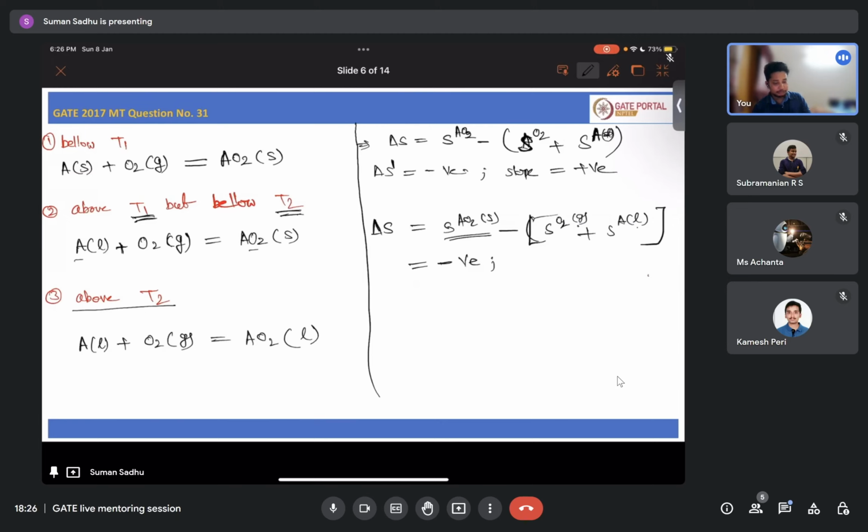But what will be the value? Let's write it delta S2. What will be the relation between delta S1 and delta S2? Is it greater than, less than, or equal? Which one will be there?